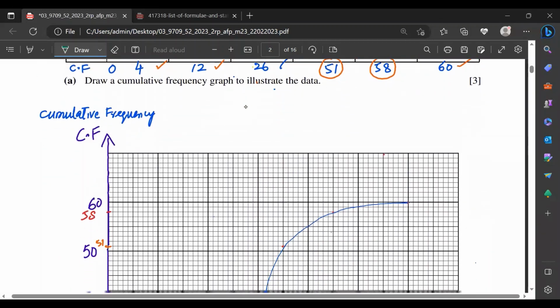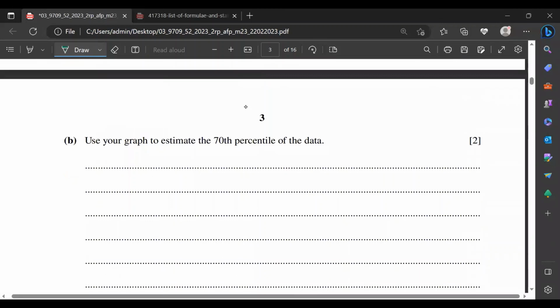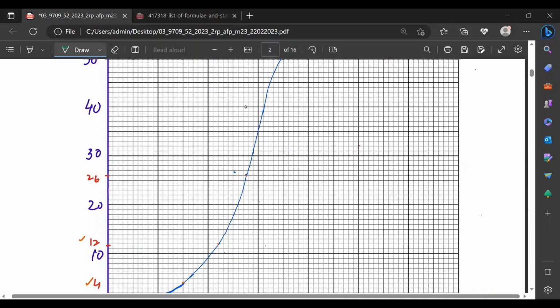So the 70th percentile means 70% of 60 years, and with the calculator, 70% of 60 is 42. So 42 is not the percentile itself, but the value against which we read the graph.